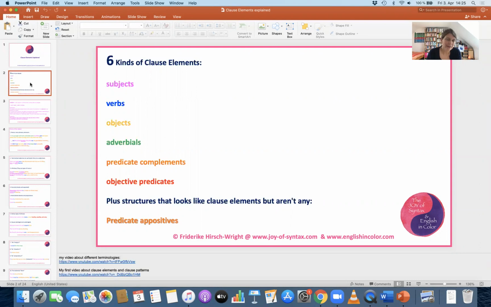Then there is another element, which is indicated below. And that element looks like a clause element, but it is actually something else. It is actually a second predicate, which has been placed alongside the existing predicate. And it is often, well, usually it's movable. It can appear in initial position, in medial position, or in final position.